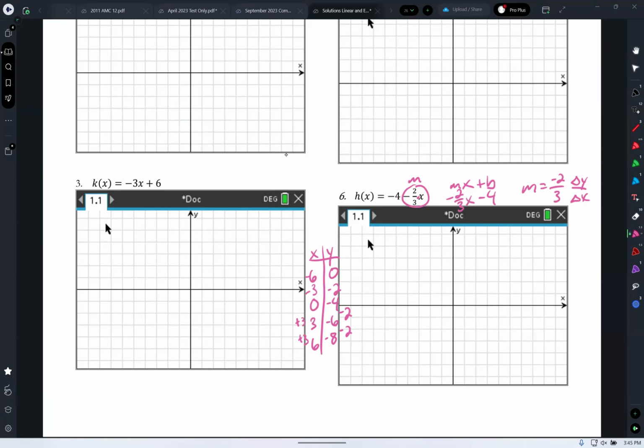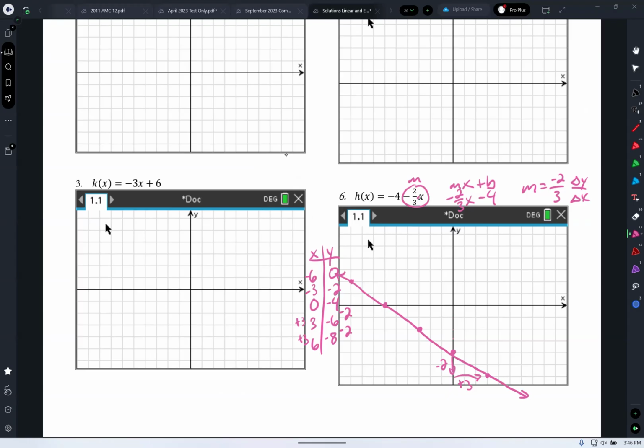And there's a table using my slope and my y-intercept. Same thing if I'm trying to graph it. 1, 2, 3, 4, -4. Slope of down 2, to the right 3. And I've run out of room this way, but I can go the other way. If you check these points, those points line up or map completely to the table, because the graph, the function or the equation, and the table are all equivalent, the same inputs mapping to the same outputs.